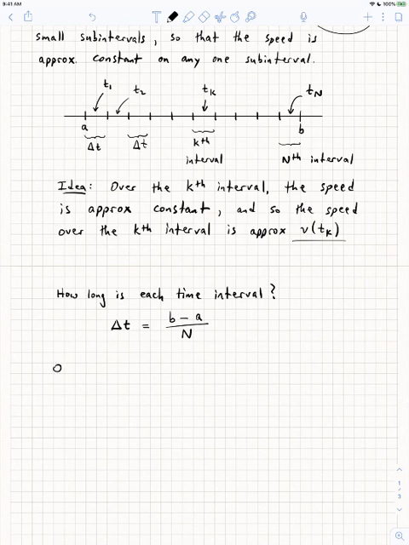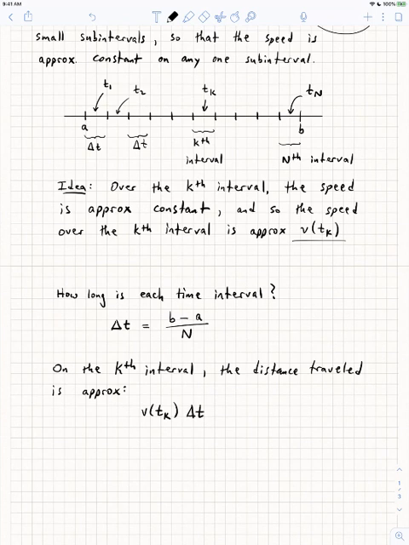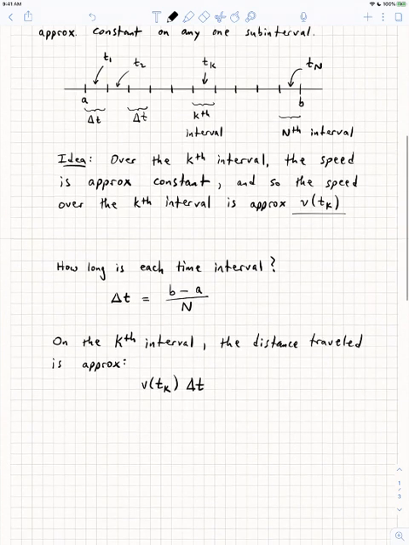So on the kth interval, the distance traveled is approximately the speed over that interval, or the approximate speed, times the length of time, which is v at t sub k times delta t, which again is the duration of the interval.